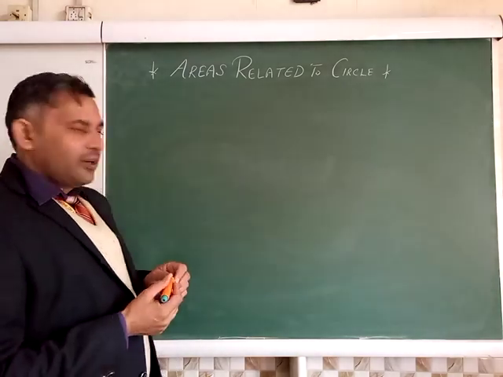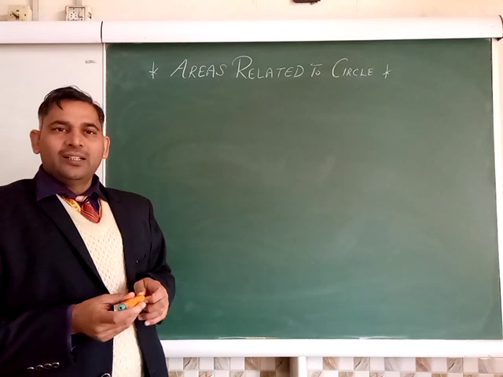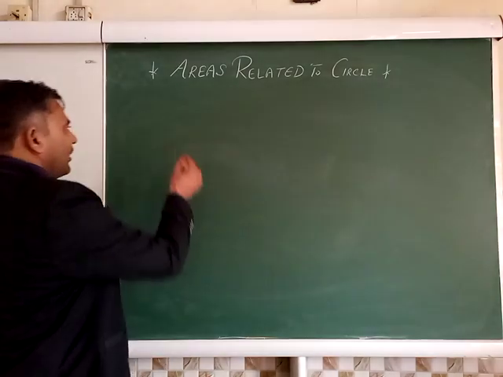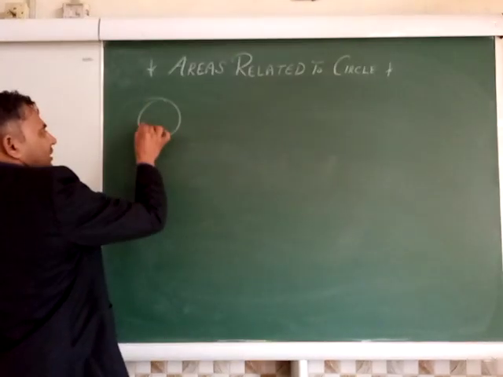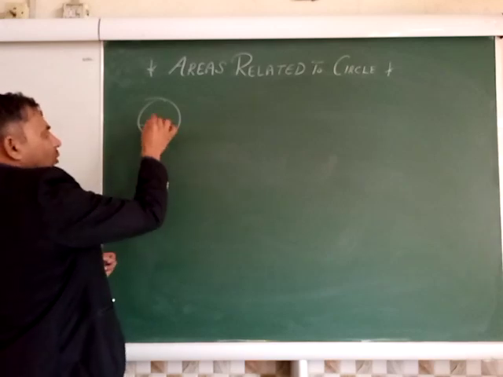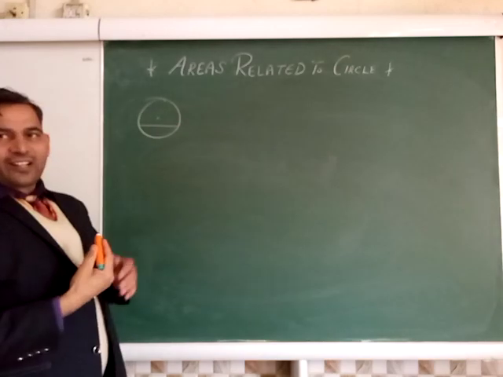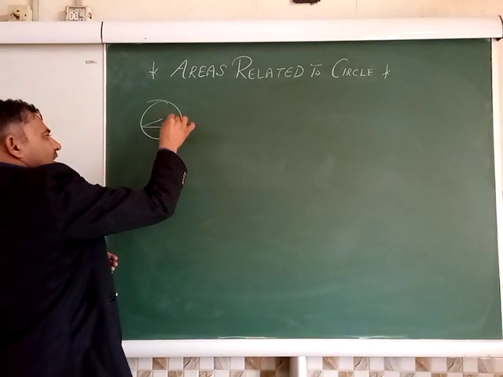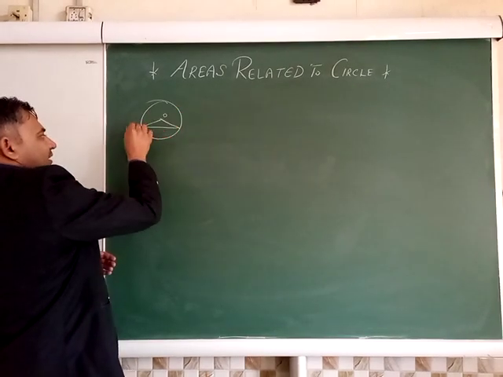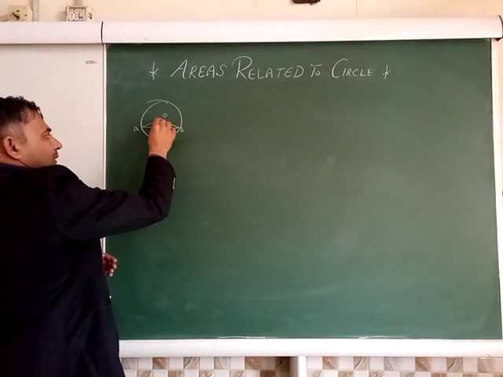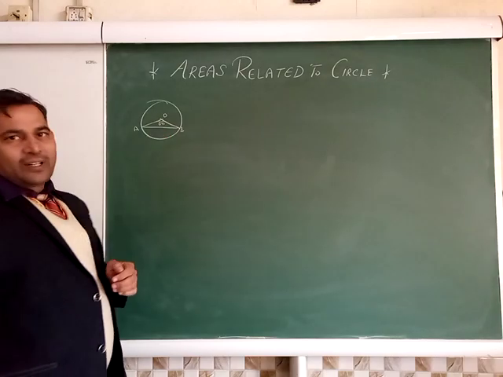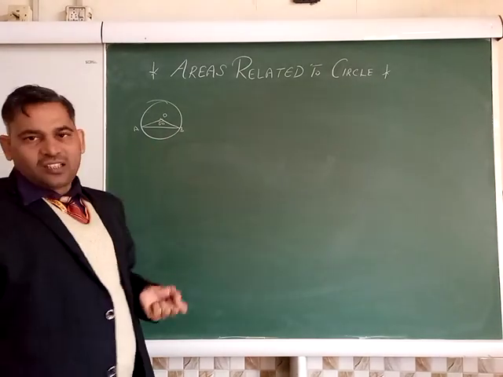Now we will find the area of triangle in circle. This is a circle. This is a chord. Chord divides the circle in two parts, and this is the center. How to find area of triangle in circle?